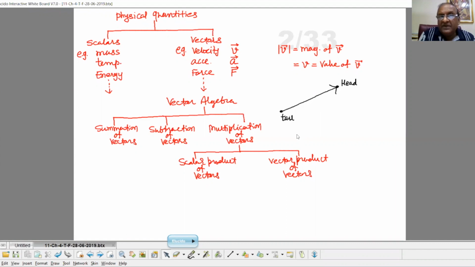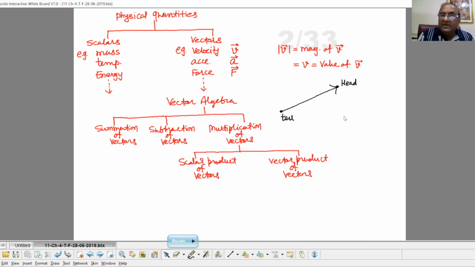Suppose your particle is moving in this particular direction, then the velocity vector we represent should point in this direction, right? So this arrow should point the direction of the effectiveness of that physical quantity. And the starting point of this arrow is called the tail of the vector. The end point at the arrow is called the head of the vector.